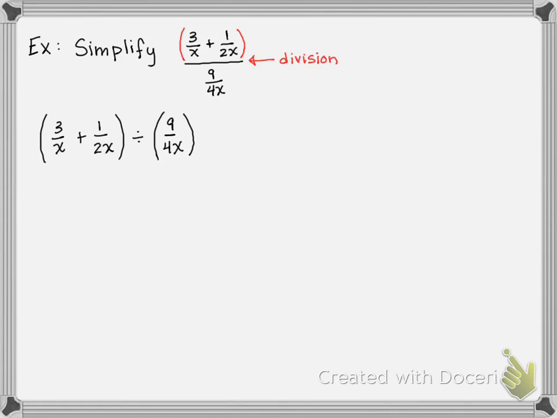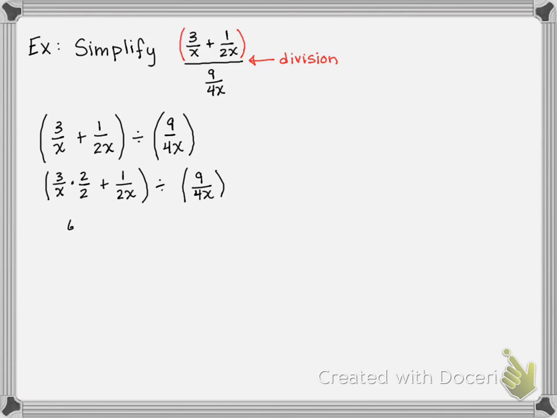So I'm just going to start in the parentheses on the left. The rest of the problem is just going to come along for the ride. So it looks like my LCM is going to be 2x. So I'm going to multiply by 2/2. And then I'm just rewriting this divided by 9/4x because I don't have to do anything with that until I'm ready to divide.